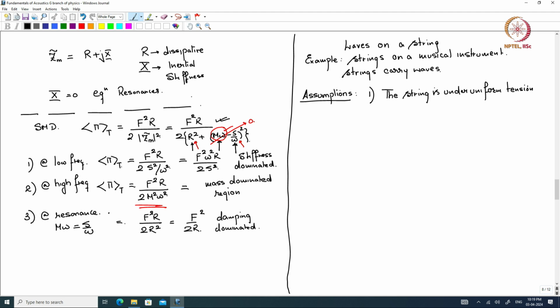The second assumption is that the string has uniform mass density. Since the string is a one dimensional structure, we will talk of mass per unit length. That will be the linear density.